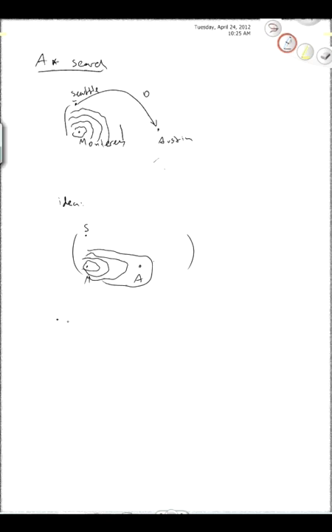But to do this, we have to provide the algorithm with a sense of direction. And the way that we're going to provide this sense of direction is with an estimate function.